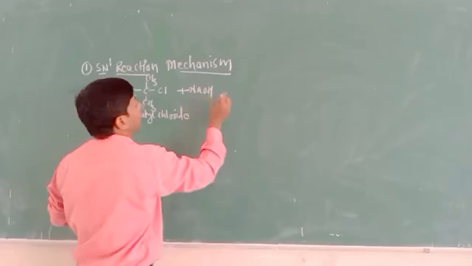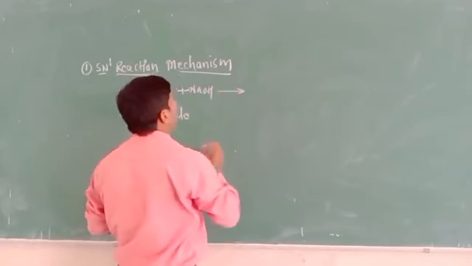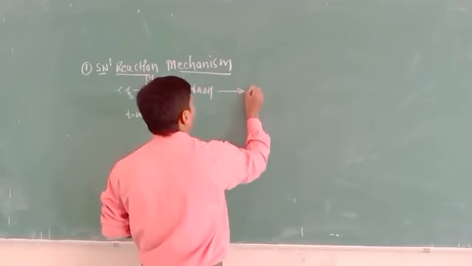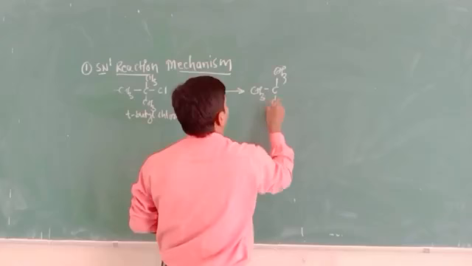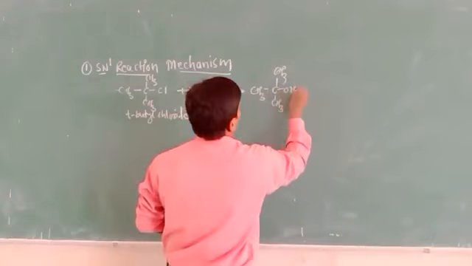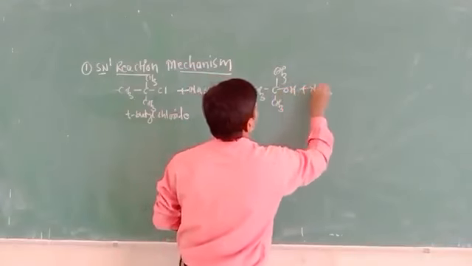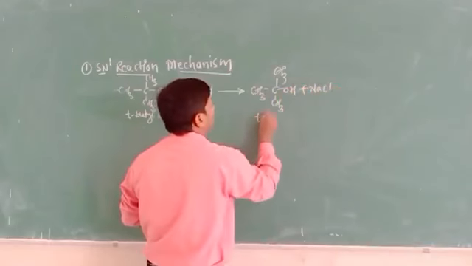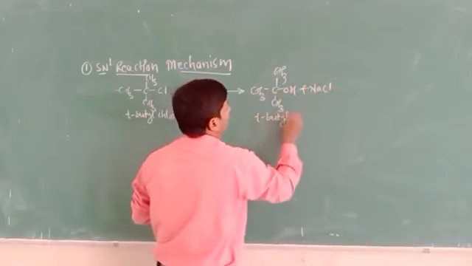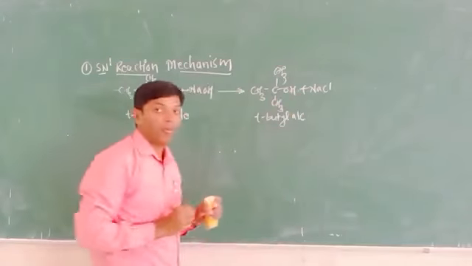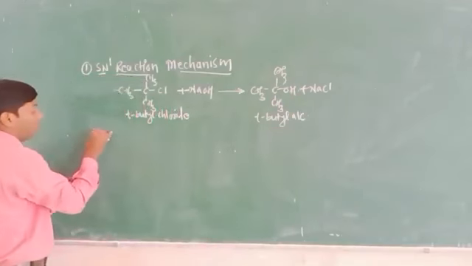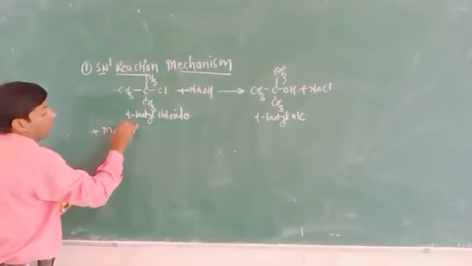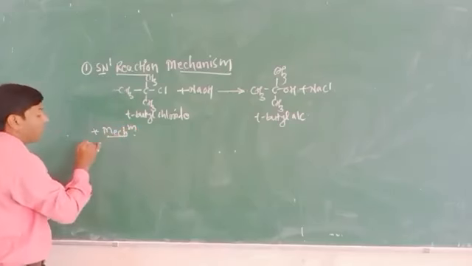In this case, OH minus is a nucleophile and it gives (CH3)3C-OH plus NaCl as product. This is called tertiary butyl alcohol. This is the reaction, this is not a mechanism. Let us discuss the mechanism. In the mechanism, the SN1 reaction is explained in 2 steps.